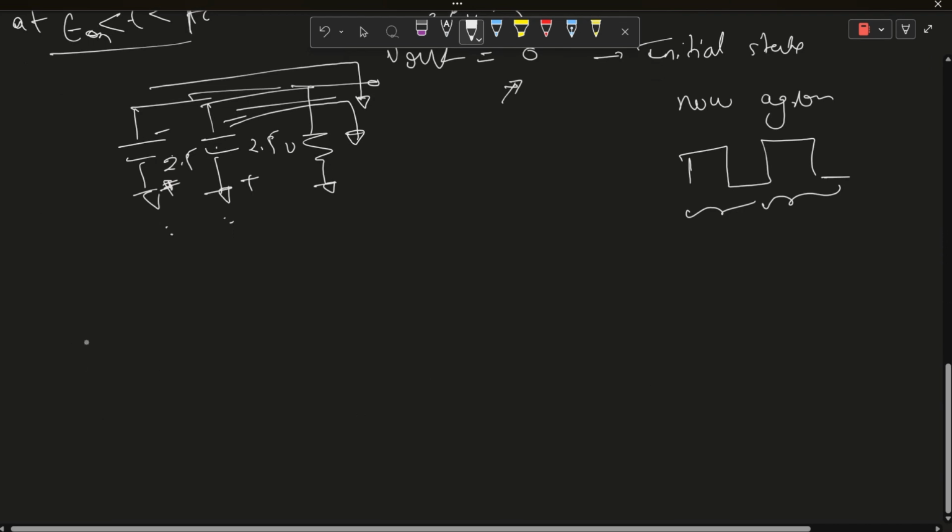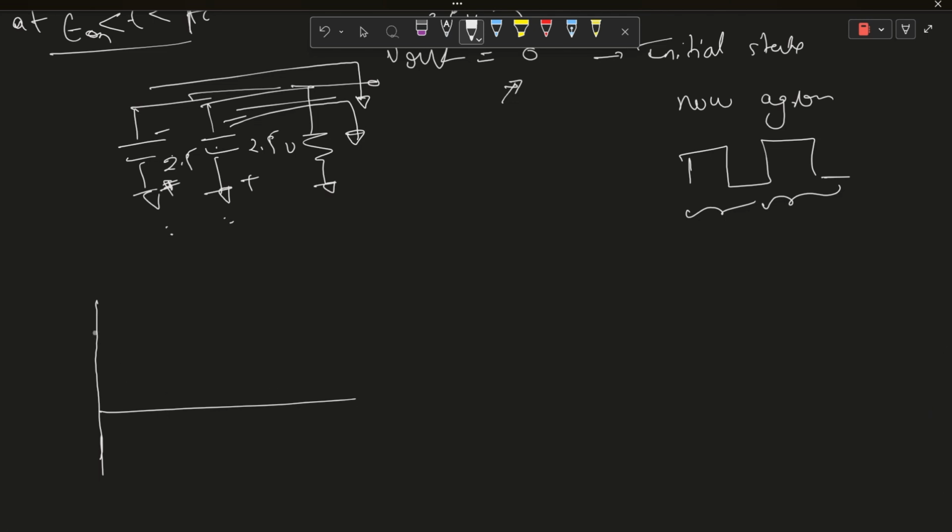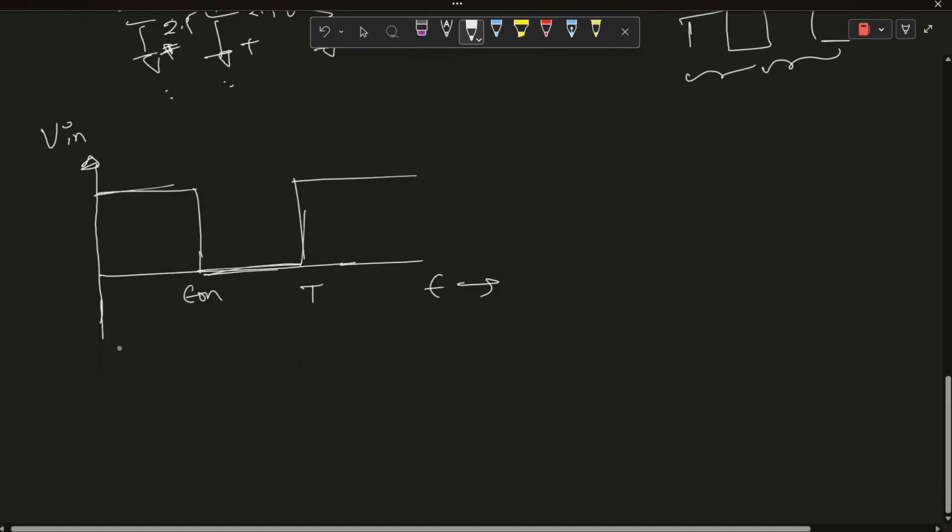So if I make a graph of the waveform, it's an input. This is the t1 time period. This is the t time period. This is v, this is time.